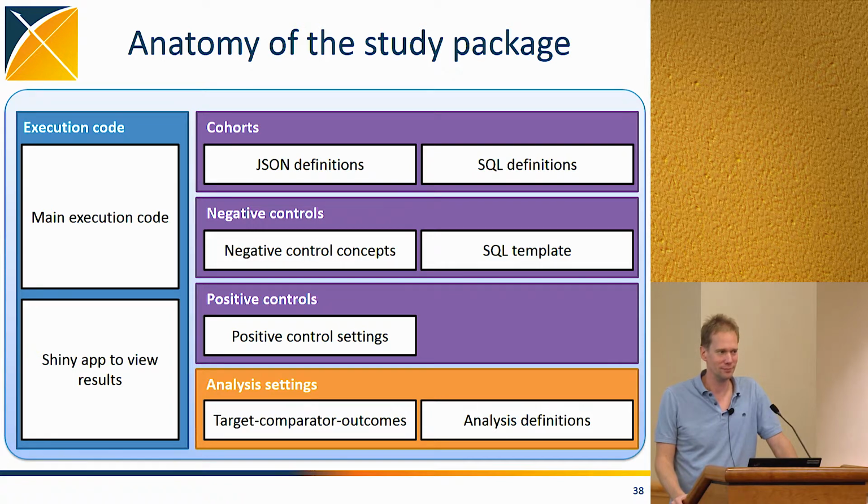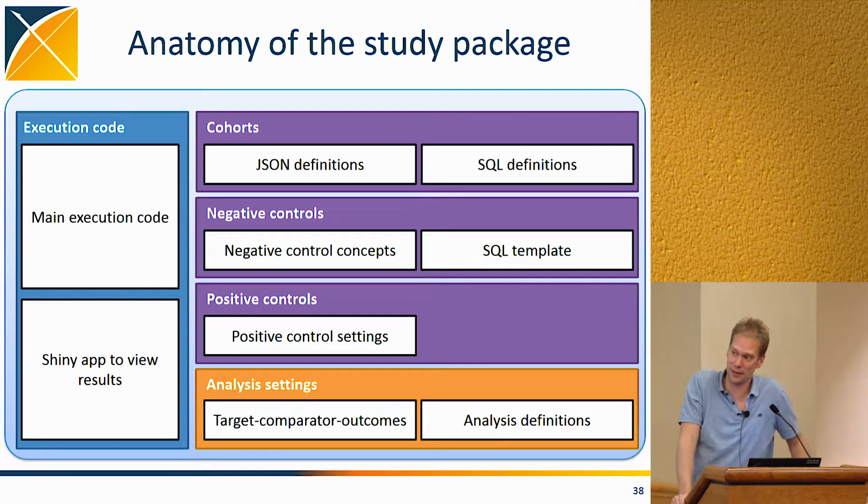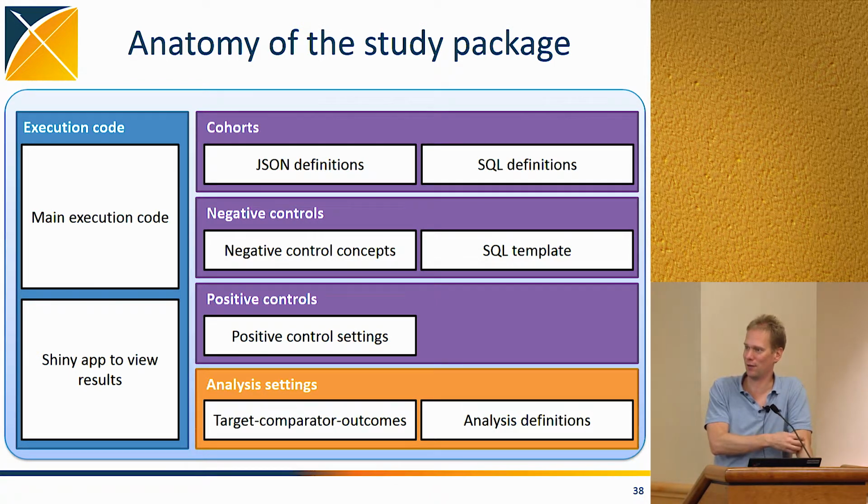Can I ask a question? Sure. What happens if the definition of your outcome of interest is wildly different than the generic definition for your negative control outcomes? Yeah, the question we have is how comparable your negative control outcomes should be to your outcome of interest.